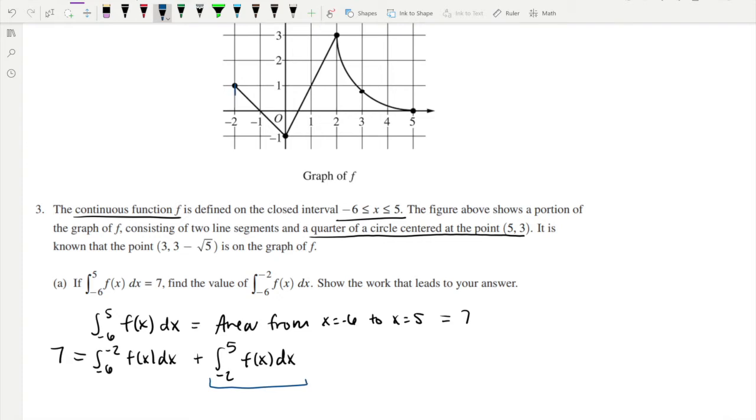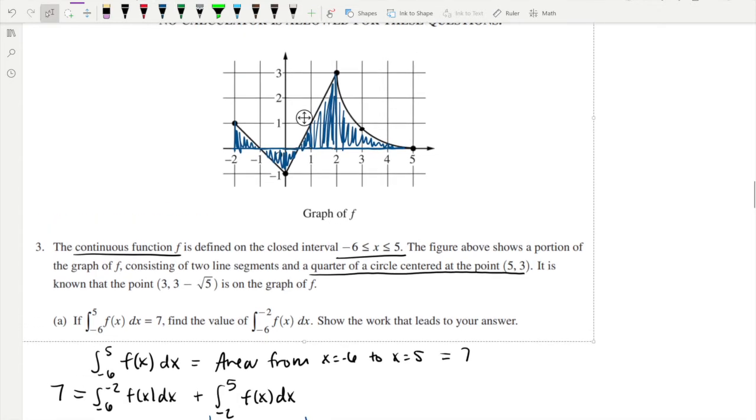So perhaps I'll draw what that area is here in blue on our graph. Remember, the area below the x-axis is counted as negative. Area above is positive. Okay. Because of that, I think the easiest way to do this problem is, instead of computing all of the areas, we could be smart and try to eliminate ones that are going to cancel each other out.